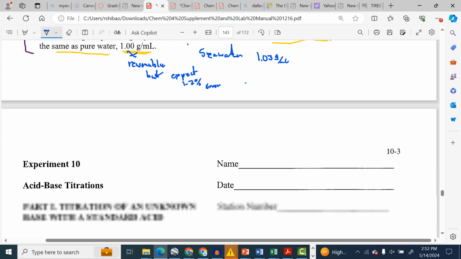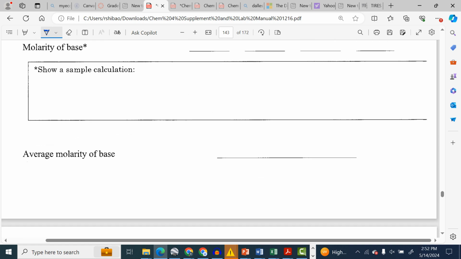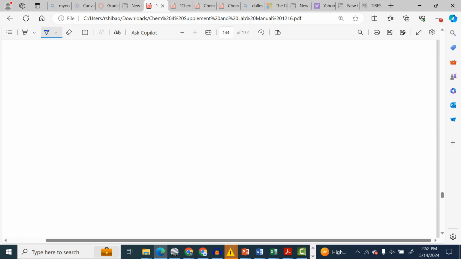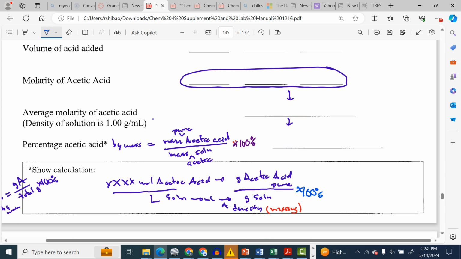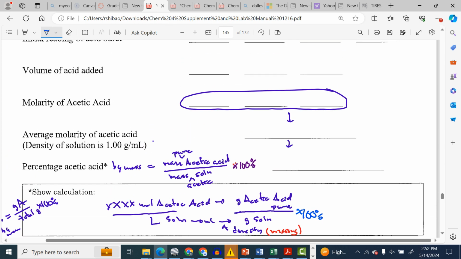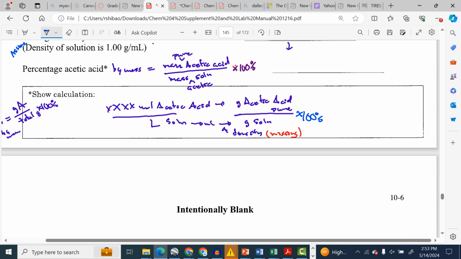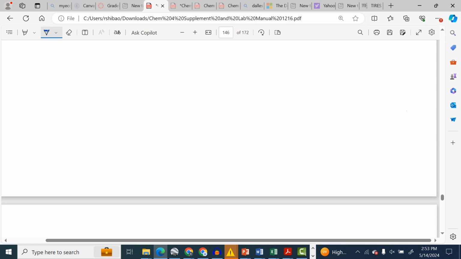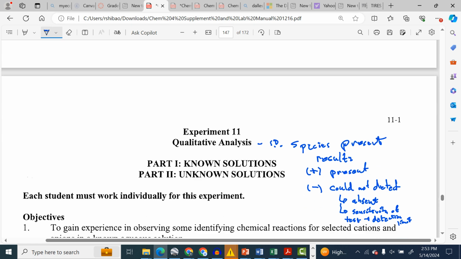And so in order to complete this calculation down here, we're going to make an assumption, and that assumption is to assume the density of the solution is 1.00 grams per milliliter. It's likely not, but then you can complete the calculation. So that's what I wanted to talk about for experiment 10. Any questions on 10?